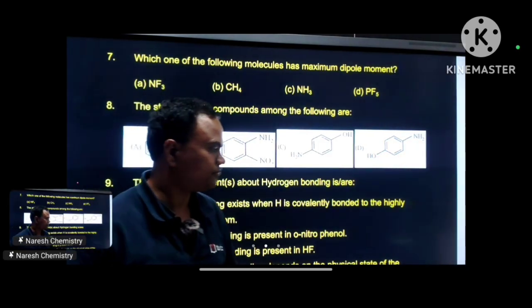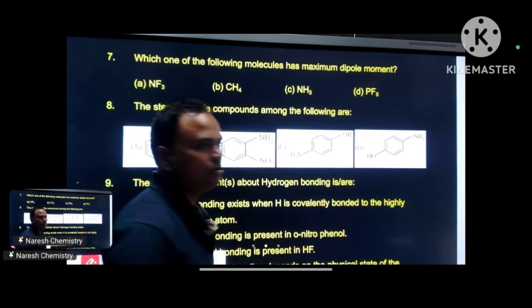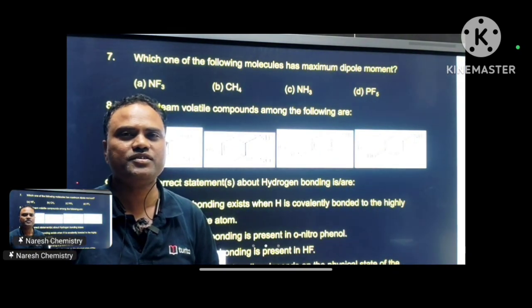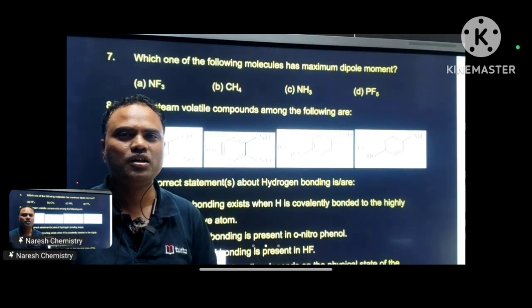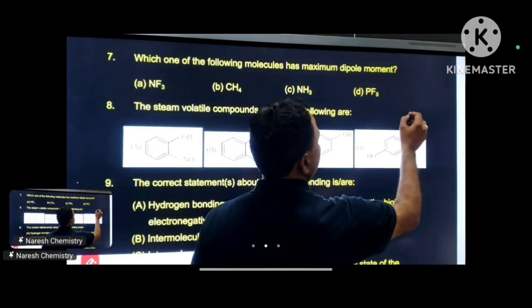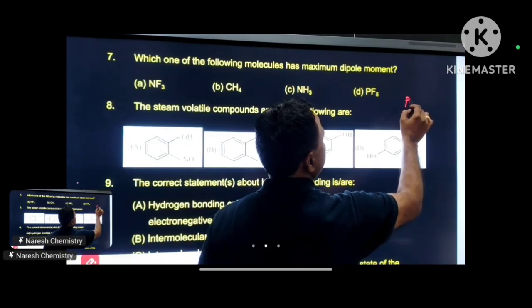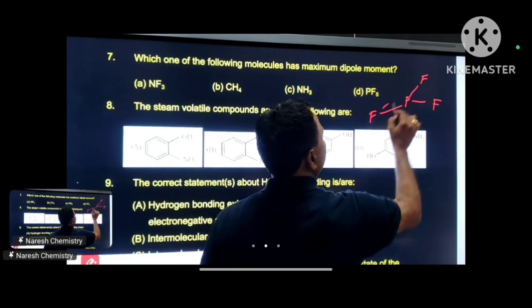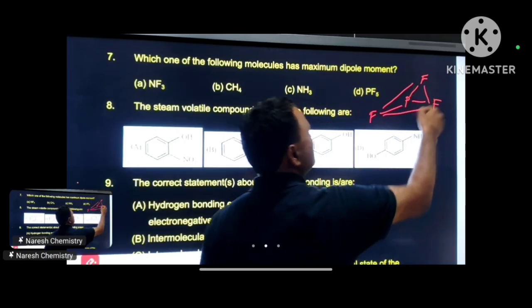See, PF5, PCl5. What is the geometry of PCl5, PF5? Trigonal bipyramidal. Let us draw the structure for PF5. See, phosphorus is in the middle. Three fluorines are present in the plane, the trigonal plane.